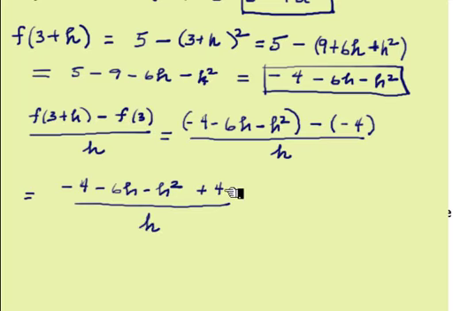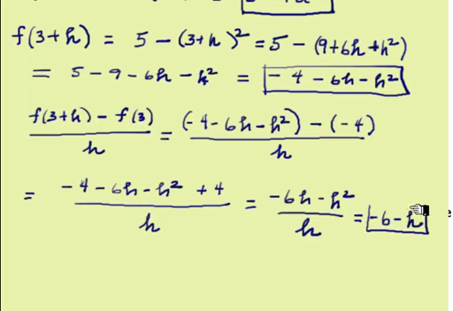And we see that these two cancel, minus 4 plus 4, so we're left with minus 6h minus h squared over h. And notice that both terms in the numerator contain h, so we can divide by this h in the denominator, and we get term by term, minus 6h divided by h, that's minus 6. And divide the second term, and we have minus h. And that's it. That's simplified.